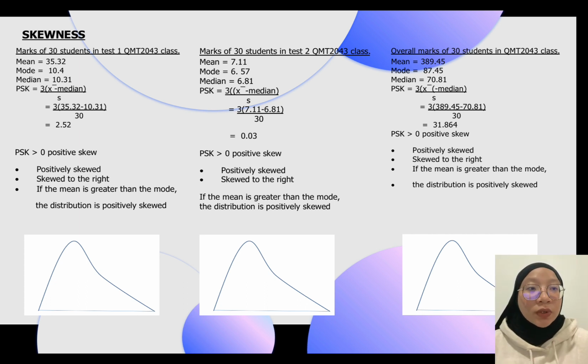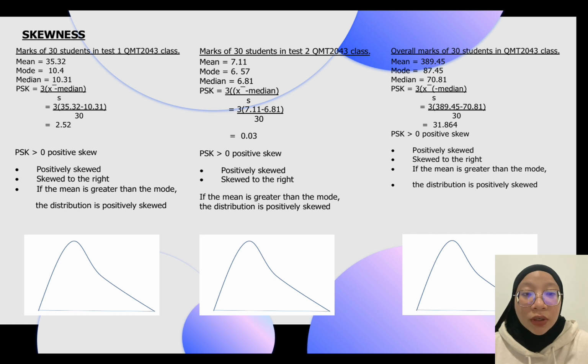Then for test 2, in the same way, we find the mean, mode, and median. The mean we got is 7.11, the mode is 6.57, and the median is 6.81. With the same formula, we find PSK for the graph: 3 multiplied by 7.11 minus 6.81, per 13.